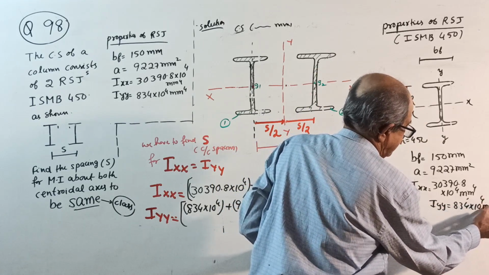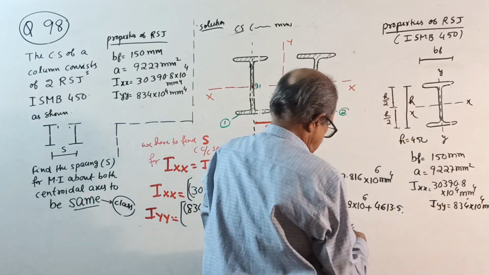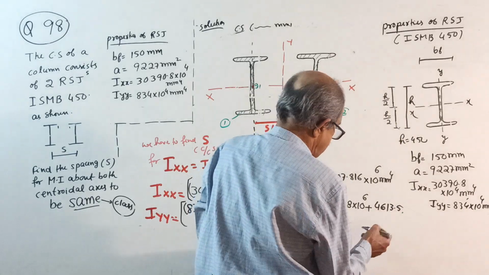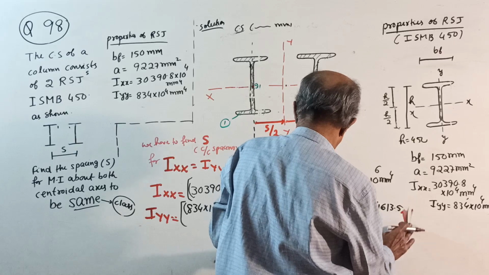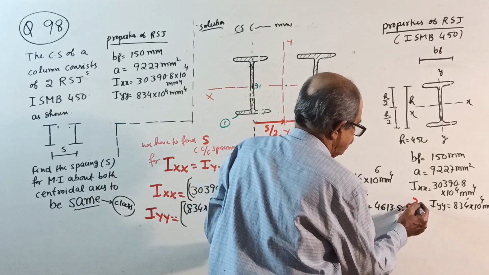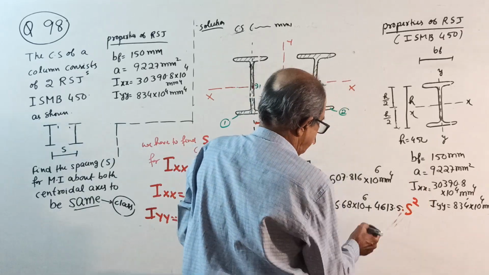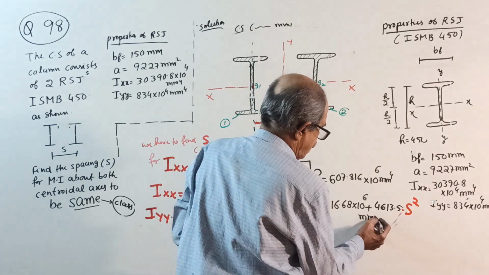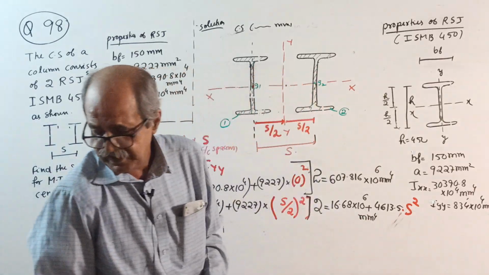I check the camera once again. Okay, into S square will come, into capital S. Times S square, this much millimeter power 4. This answer, I'll check once again now.